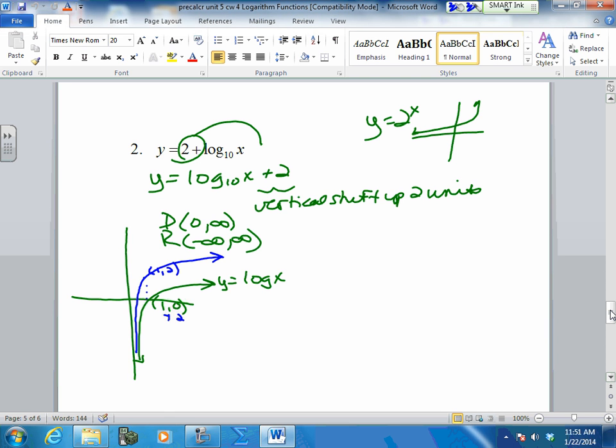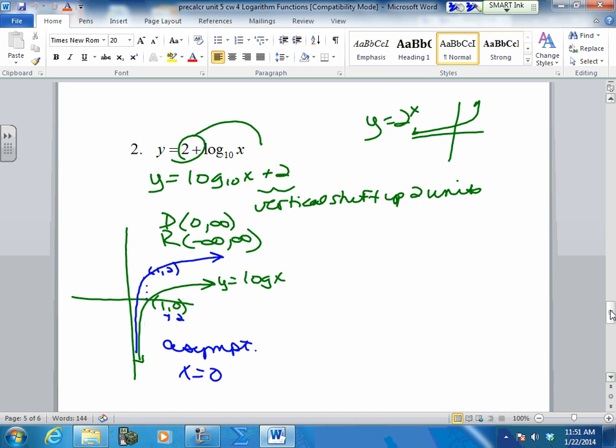You can tell your domain didn't change and your range didn't change. What's your asymptote still? What would my asymptote be? X equals 0. Good. That's my y-axis. My x equals 0. We took a vertical shift up 2 units. That's all we did for this one.